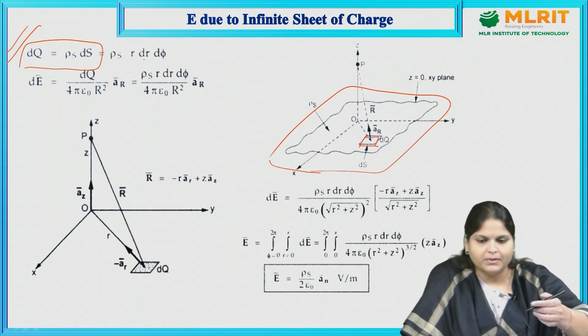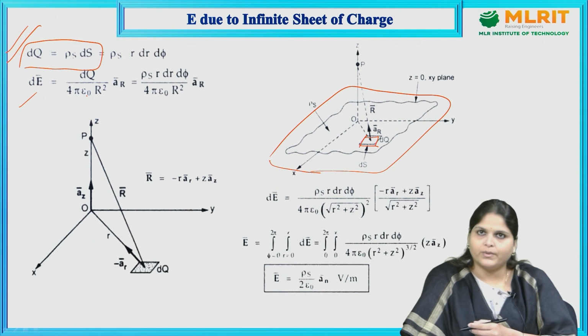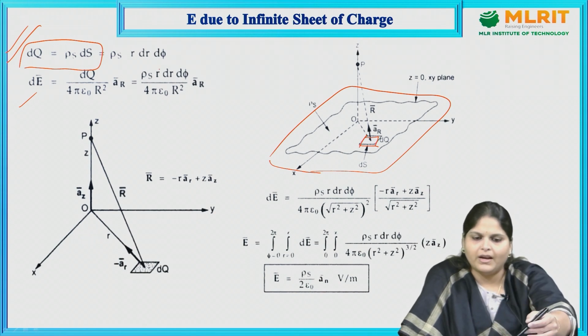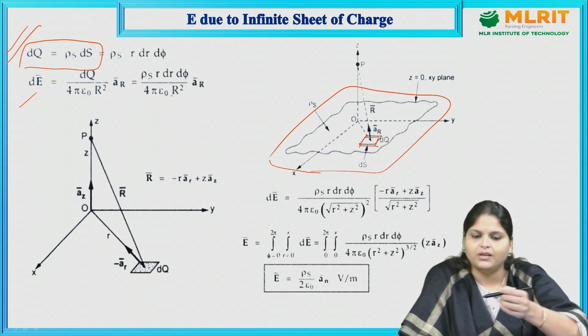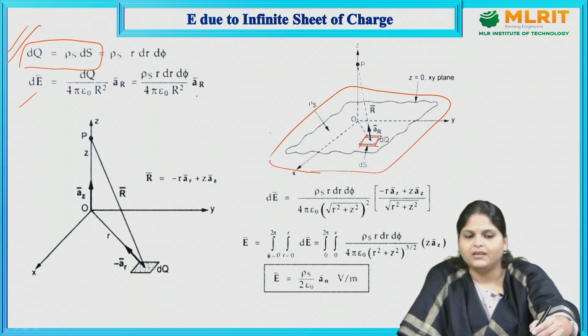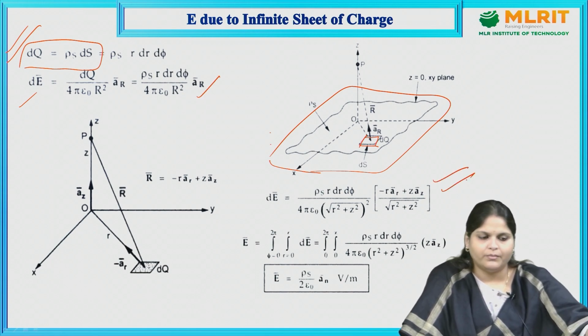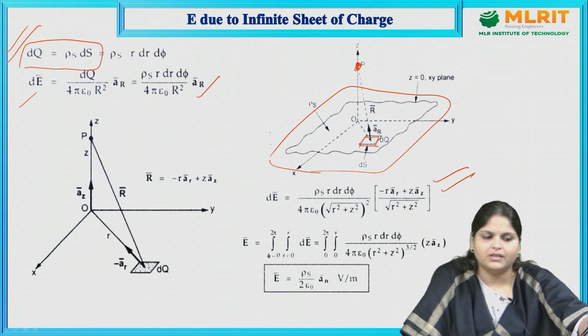So if you simplify it, now the formula is dE equals dq upon 4 pi epsilon naught r square aR. You have to put the value of dq here, so it becomes rho s r dr d phi upon 4 pi epsilon naught r square aR. We have to put the unit vector value because basically we are finding the field intensity at this point due to the sheet of charge.